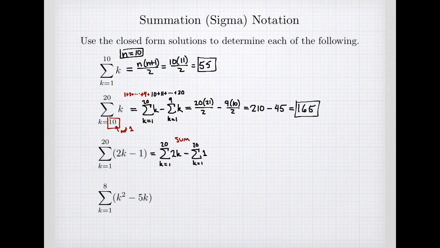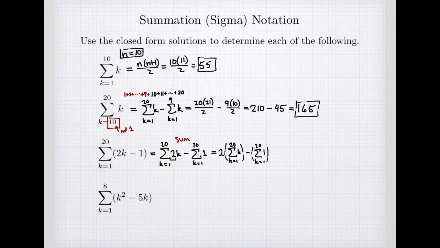And what we'll do is we will also use the constant multiple rule, and this factor of 2, it's 2 times 1 plus 2 times 2 plus 2 times 3. If I factor that out, it's the same as doing 2 times the quantity 1 plus 2 plus 3 up to 20. And we'll subtract the sum of 1, k goes 1 to 20.